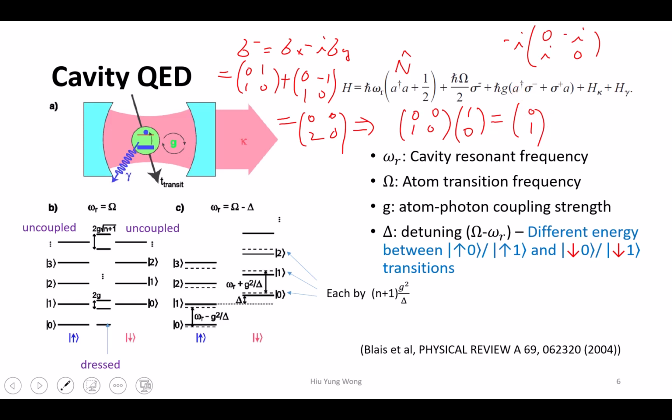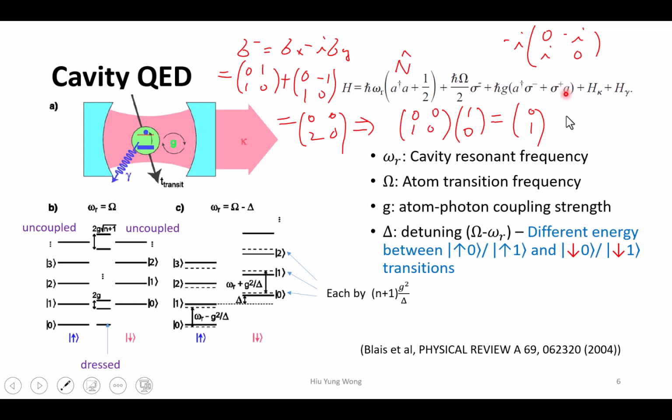Do you get what I mean? So A dagger is the creation operator. You add one photon, but where does the energy come from? By reducing the atom from upper state to lower state. So it's just talking about the creation of the photon emitted by the atom.